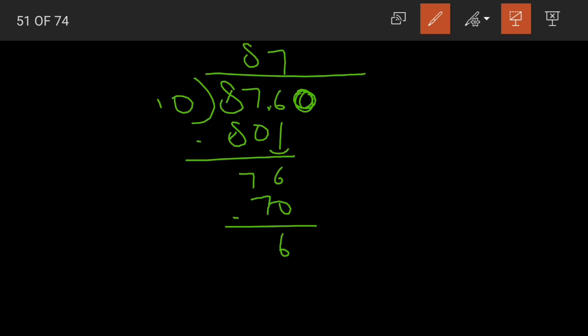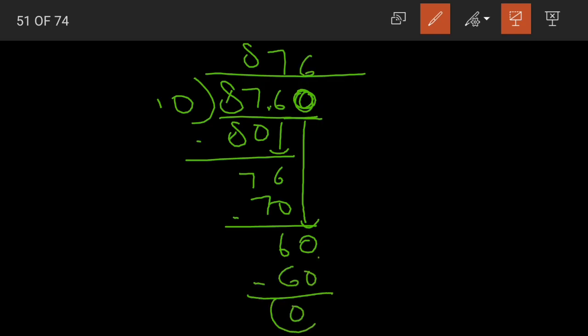So I am changing my dividend to 87.60. Now I have 0 here, 0 brought down, 10 6s are 60, and when we subtract, 0 is our remainder. Here 876 is my quotient, but in the dividend I have a decimal point after 2 digits from the right. So even in the quotient I have to place a decimal point after 2 digits from the right.